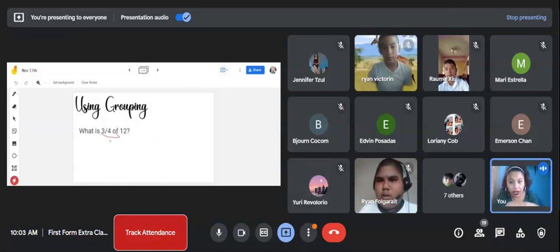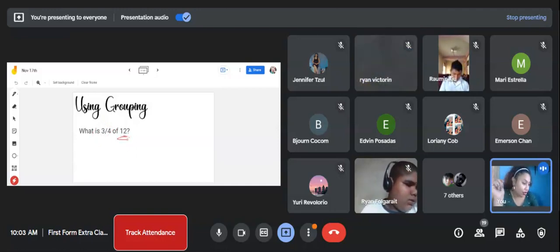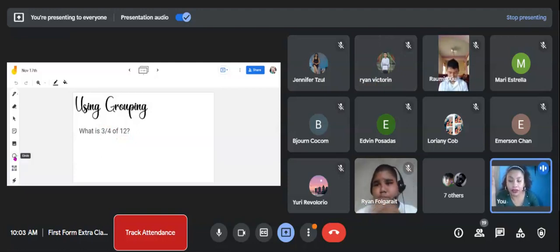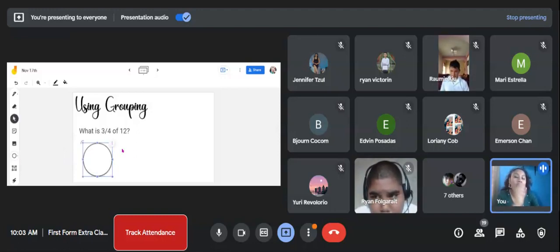They say that 3/4 over here, and that fraction you have to find it out of this 12 that is given to you. Now, the first thing that you have to do when you're given a question like this, and they tell you solve it with grouping, you need to make your groups.